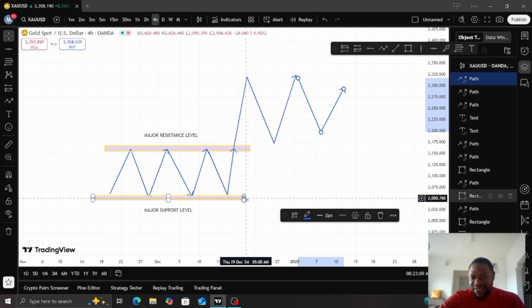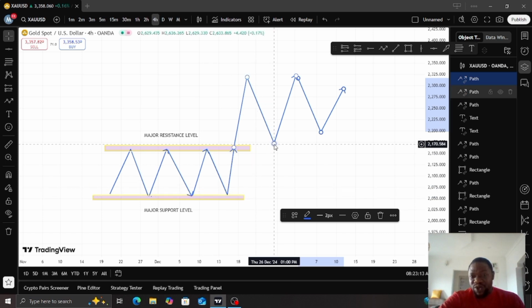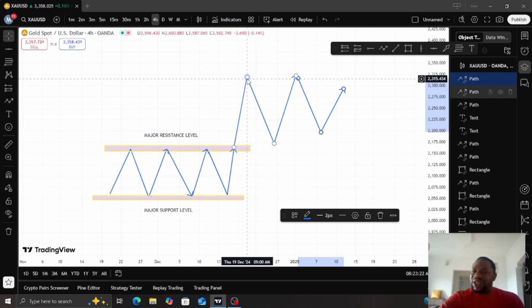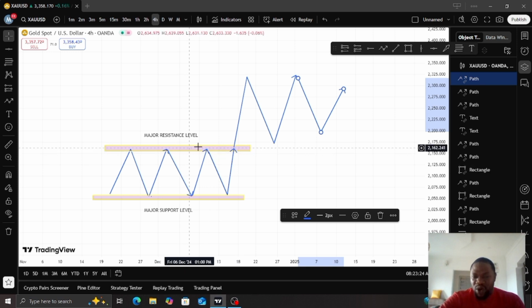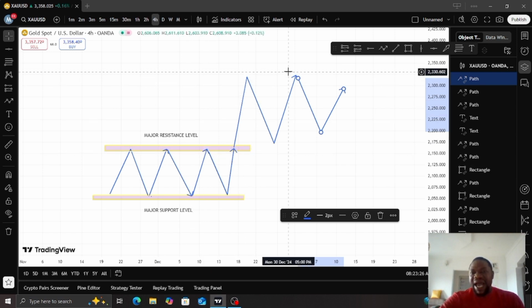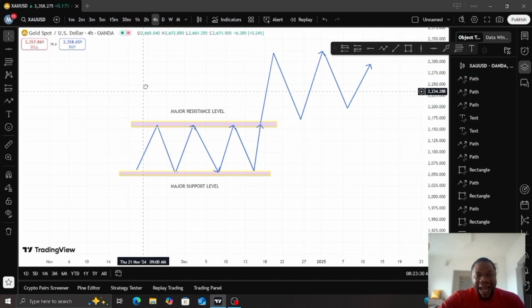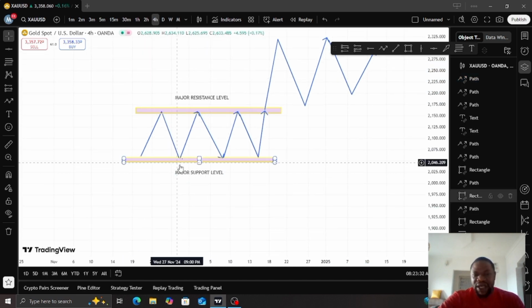Do you get what I'm saying? So in this case, our resistance here has turned into a support level. This now becomes support, and this becomes your new resistance. And if it keeps going higher, we keep having the same.